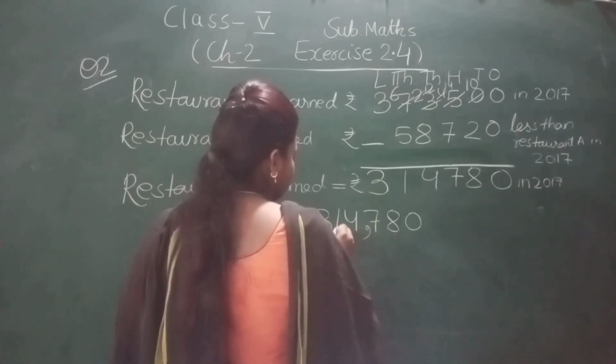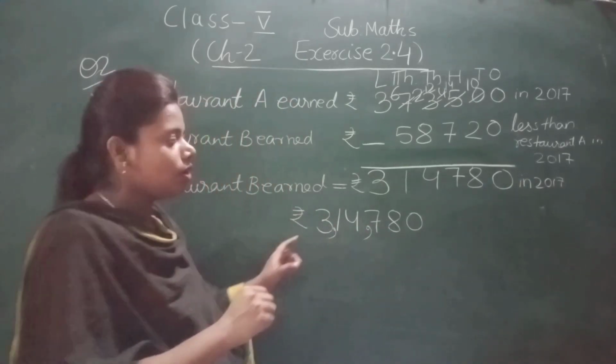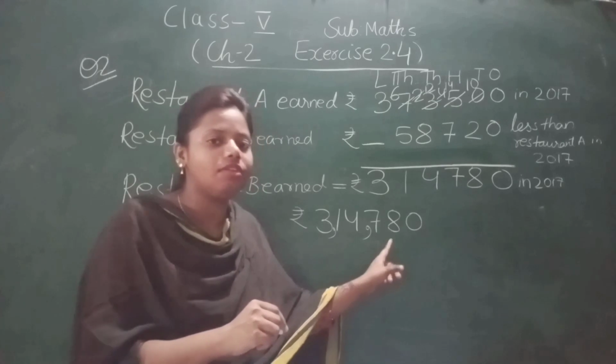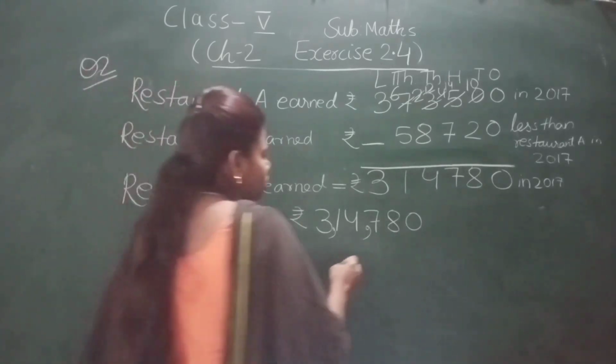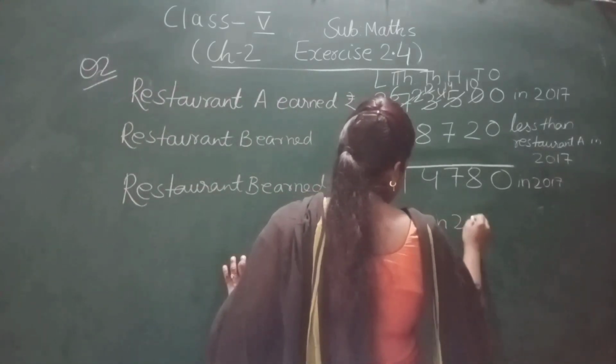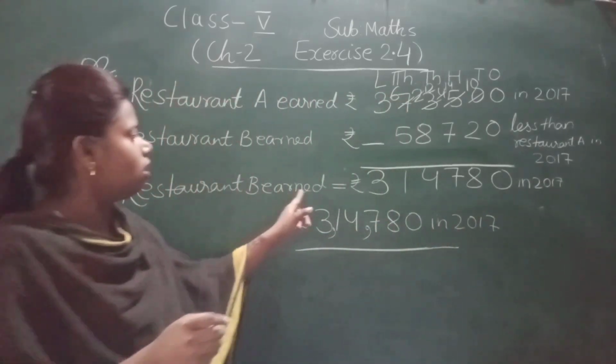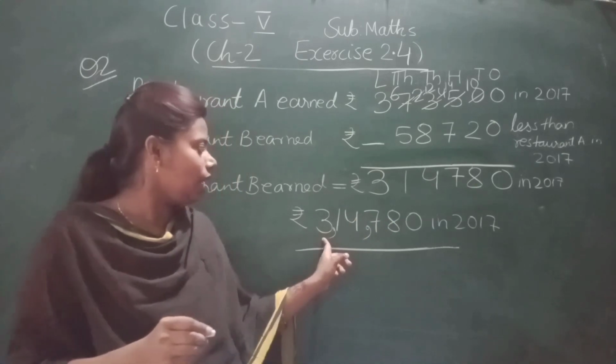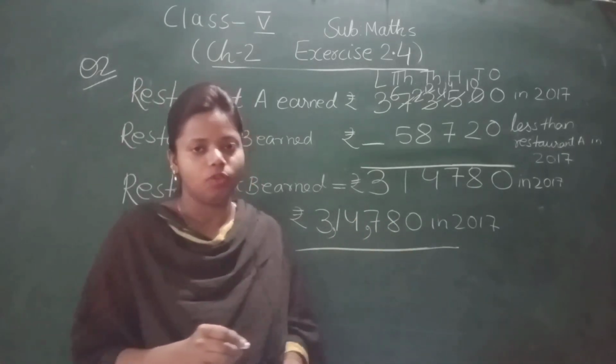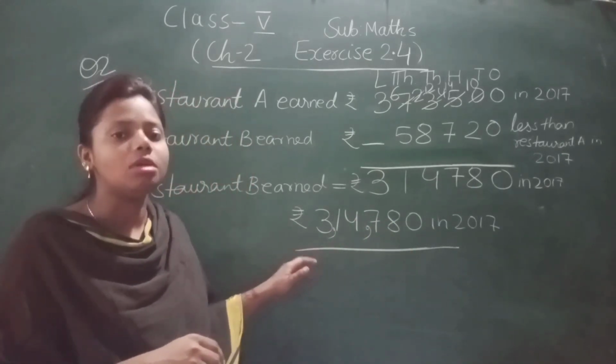After 3 places, then 2. So 3,14,780 rupees he has earned in 2017. Okay. This is the answer. Restaurant B earned rupees 3,14,780 in 2017.